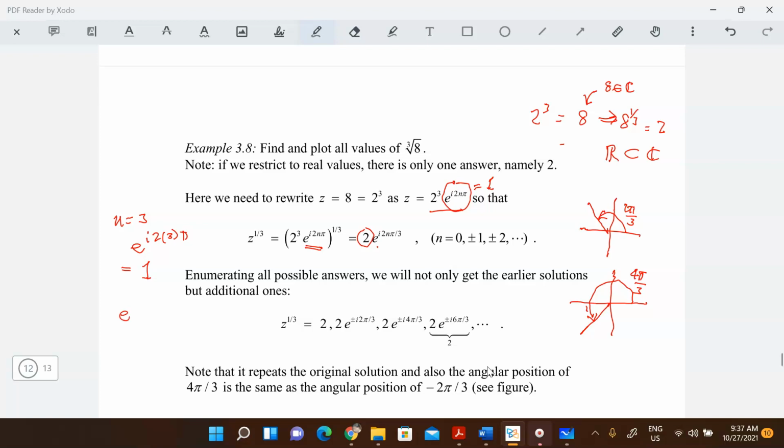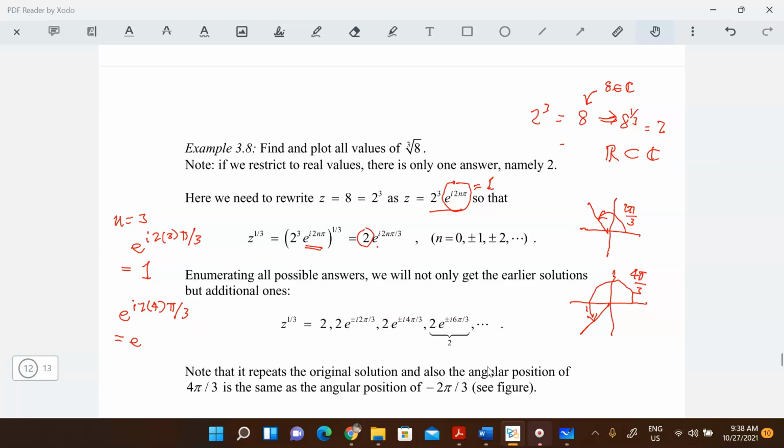And then the next one, n equals 4, will be i 2 times 4 pi, which is 8 pi. Sorry, divide by 3. I forgot. I'm trying to explain: i 8 pi over 3.